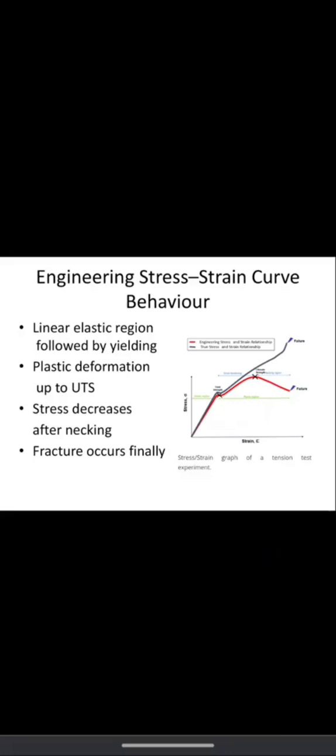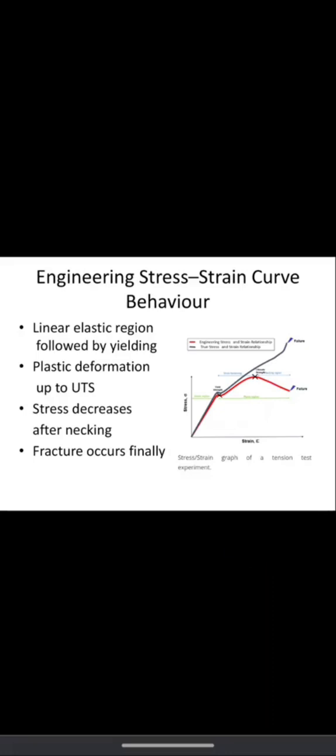In plastic deformation, it reaches the ultimate tensile strength, the UTS. At that point, necking begins and the engineering stress decreases, because it uses the original area. Finally, the fracture is experienced by the specimen.